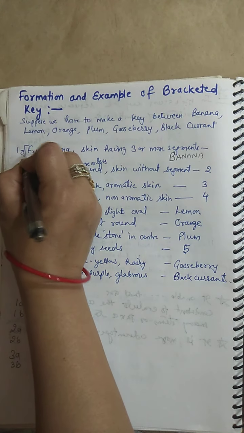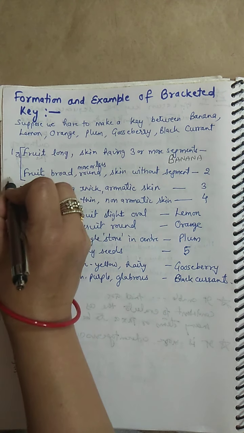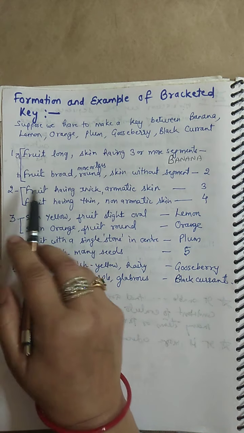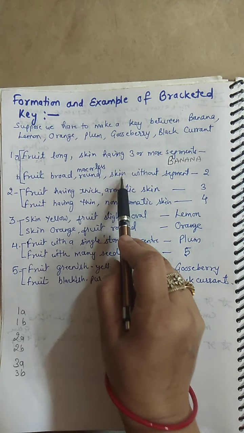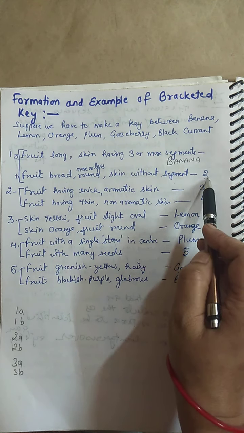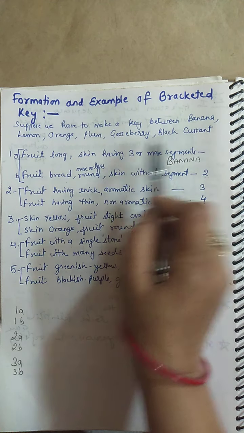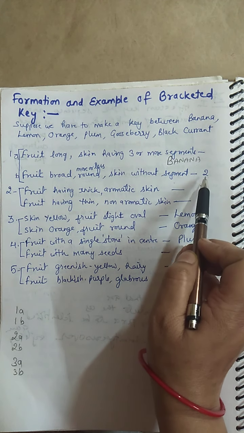This is the A part, the lead A. The lead B of the same couplet is: fruits broad, more or less round, skin without segments. Now go to 2, because the rest of the fruits all belong to this category.